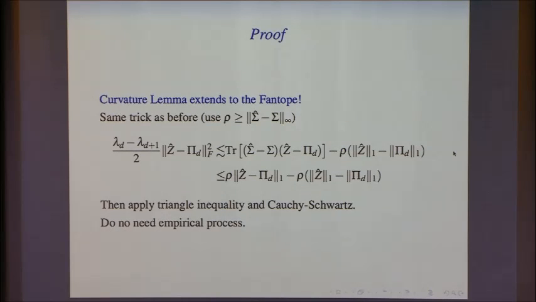And the proof is very short. Actually, this is the whole proof. We extend the curvature lemma to the Fantope. This is also due to Vu et al., and we use the same trick. Now we have the curvature lemma part, the empirical process part, and the penalty part. We don't do very hardcore analysis on the empirical process anymore because we don't know too much about the hat z.